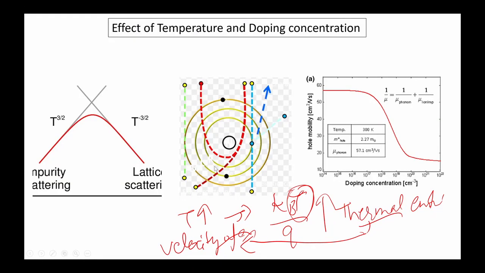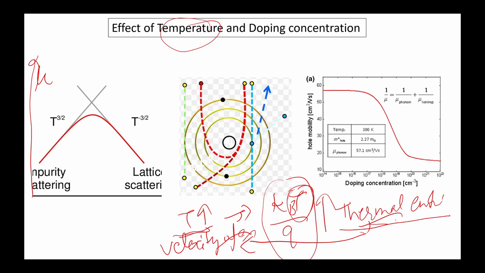So here I am showing the effect of temperature on the mobility, mu. When we increase the temperature, kBT by q, which is nothing but the thermal energy, will increase.